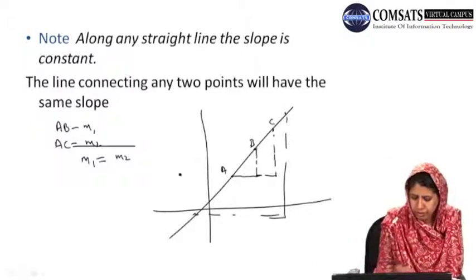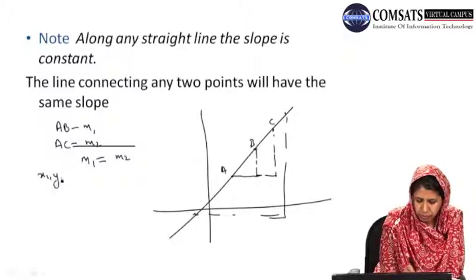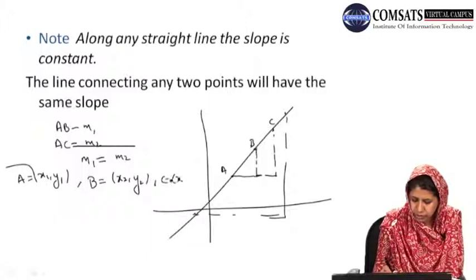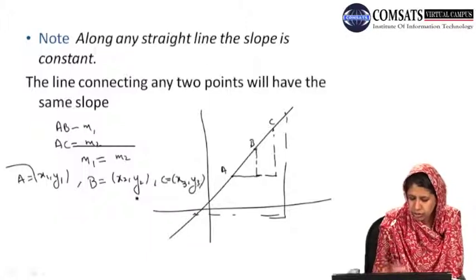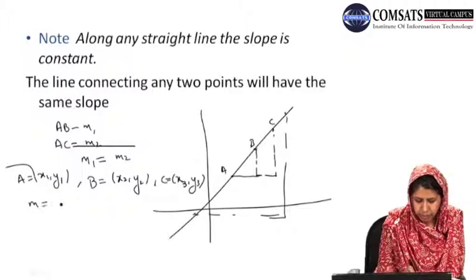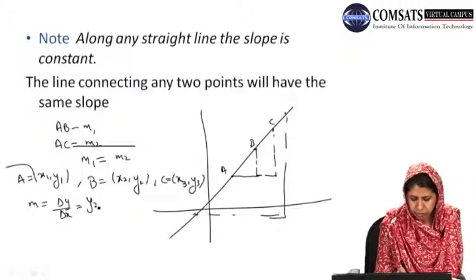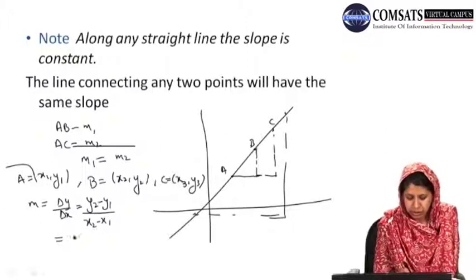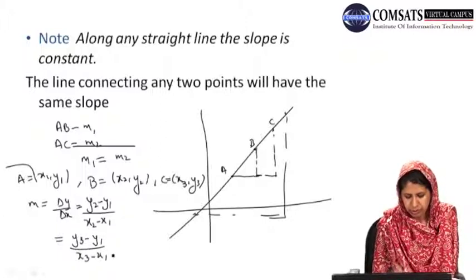If A has coordinates x1, y1, B has coordinates x2, y2 and C has coordinates x3, y3, then m, delta y over delta x, with respect to AB, that is y2 minus y1 over x2 minus x1, will be the same with respect to AC, that is y3 minus y1 over x3 minus x1.